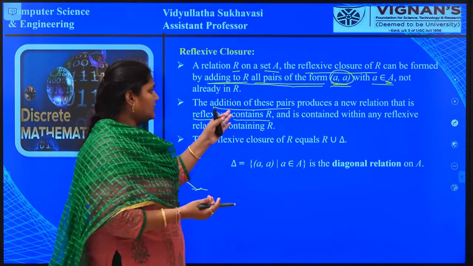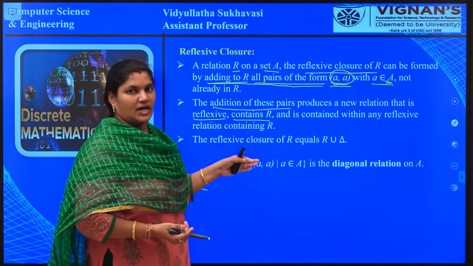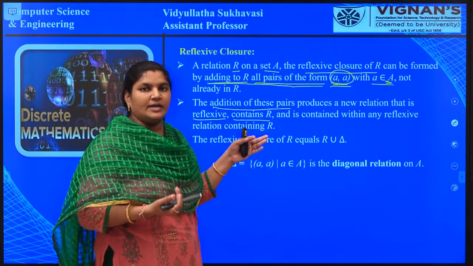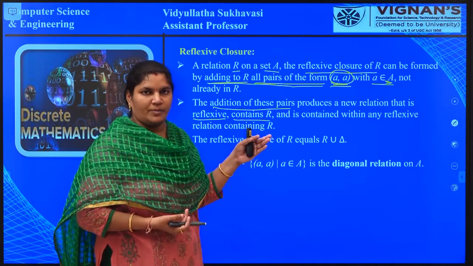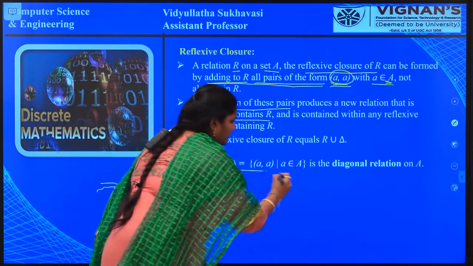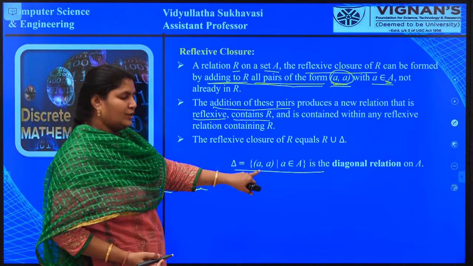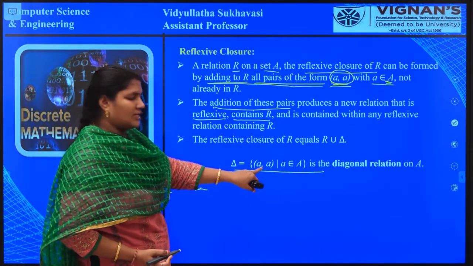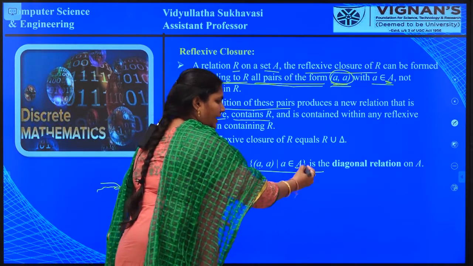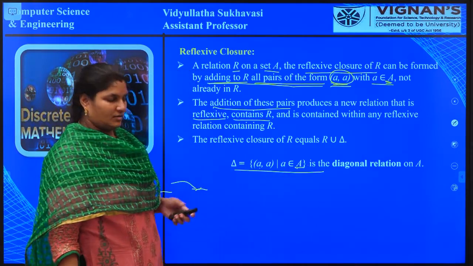After adding these pairs which are not in R, we get a new relation that satisfies the reflexive property. That means we need to check all the reflexive ordered pairs which belong to the set A.